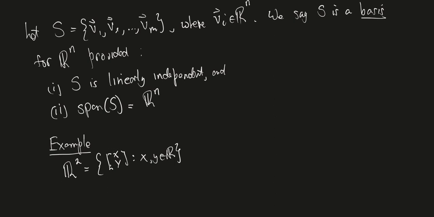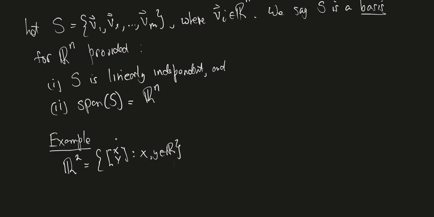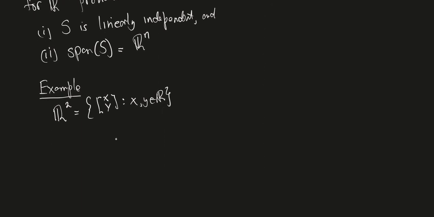In other words, there's a standard set of vectors that can be used to generate all the vectors in R2. And some of you may have already seen those two vectors if you've studied Calc 3 or physics. Possibly you may come across these particular vectors. So I'm not going to say the name right now. I'm just going to show you the algebraic way of how we can come up with these vectors.